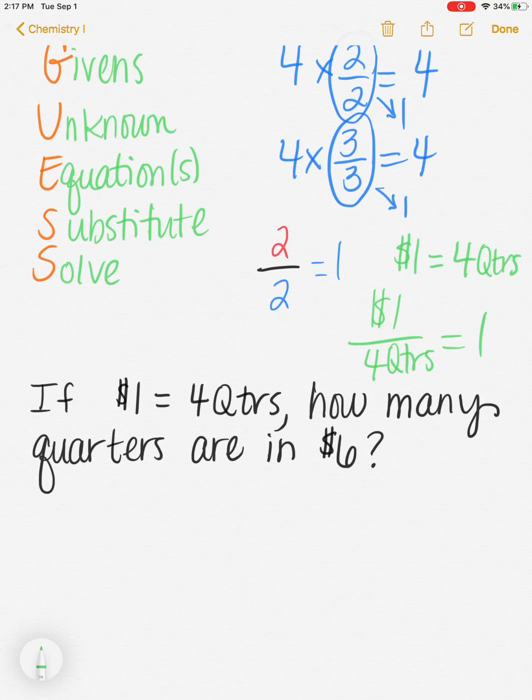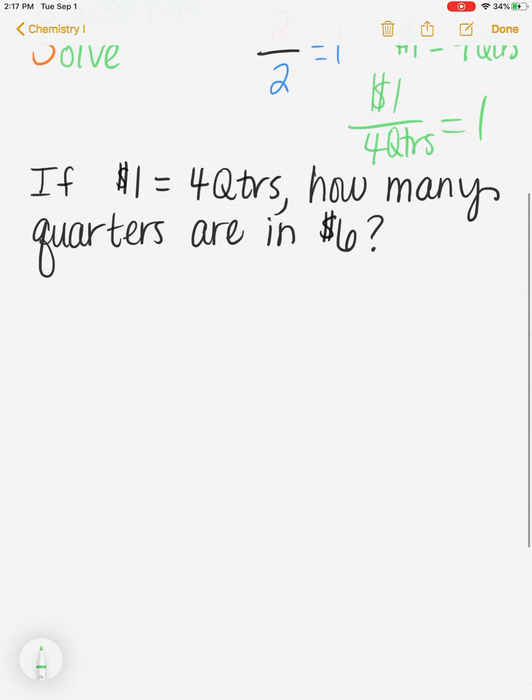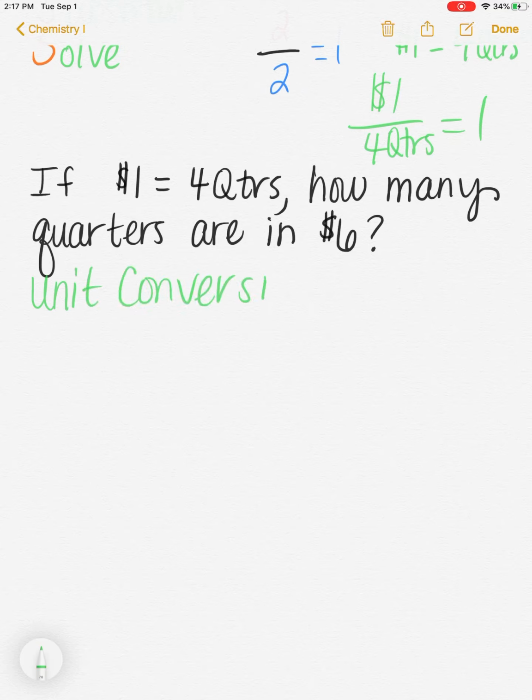All right, so we now are going to try to tackle problems like what I have here. If $1 equals 4 quarters, how many quarters are there in $6? So I should give you a few more hints. When we are doing unit conversions, we are going to use factors just like we did up here. Factors are fractions.